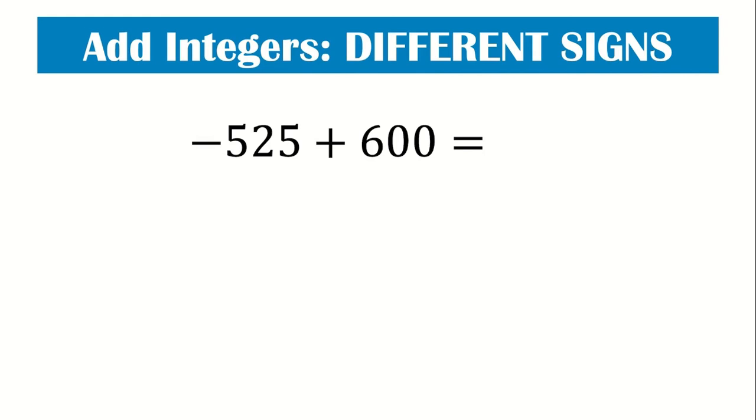Okay, let's have our last example. We have here -525 plus 600. This is positive, this is negative. So we need to follow the rules in adding integers with different signs. First, we need to get the absolute value of each number, which will give us 525 and 600. And then, the next step is to subtract 600 by 525.